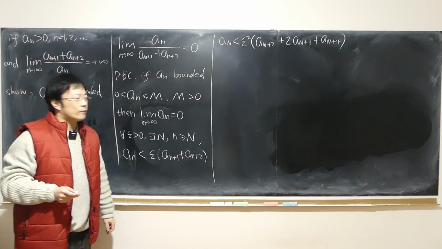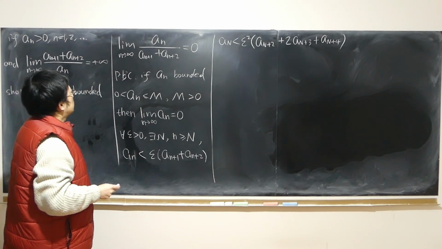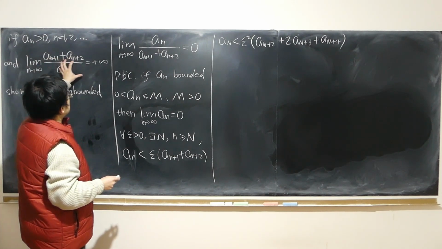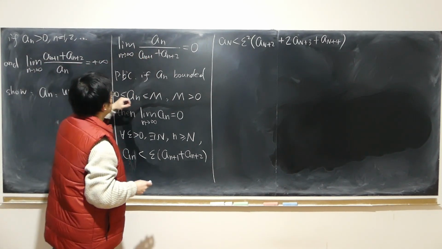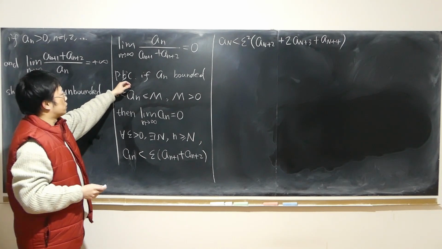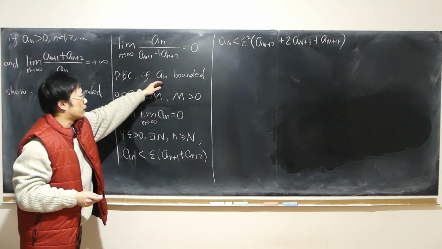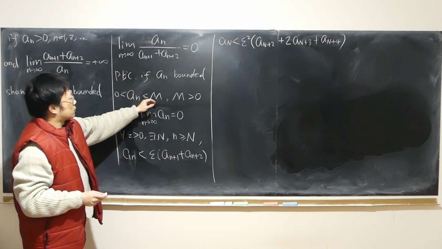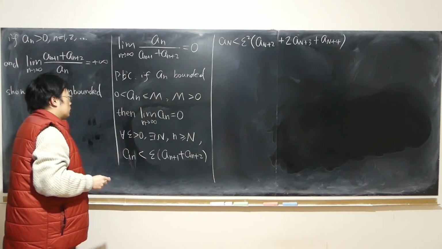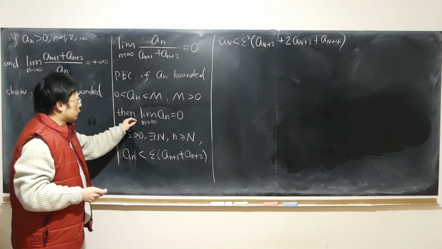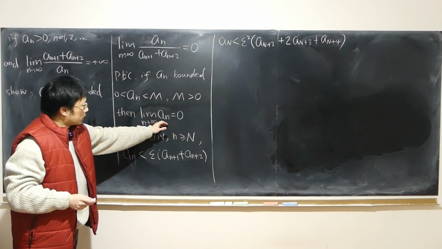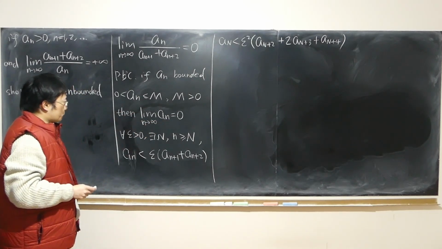So briefly what I've done: first I interpreted this condition into this equivalent statement. So proof by contradiction, if we assume a_n is somehow bounded by some strictly positive number, then we immediately conclude that the limit of a_n has to be 0 in that case.